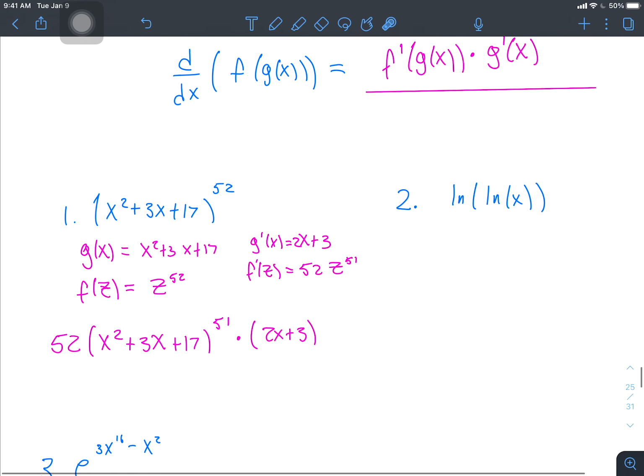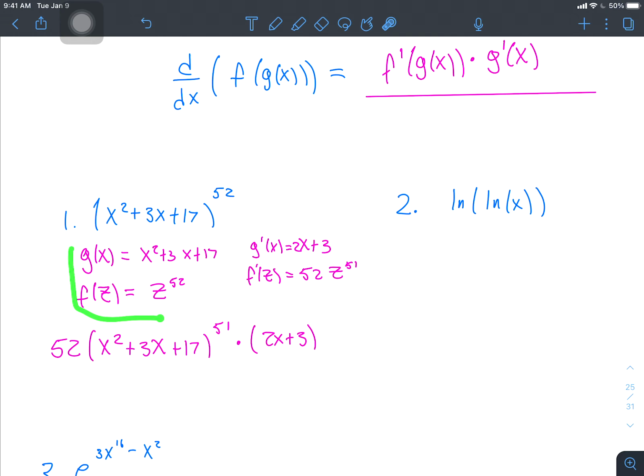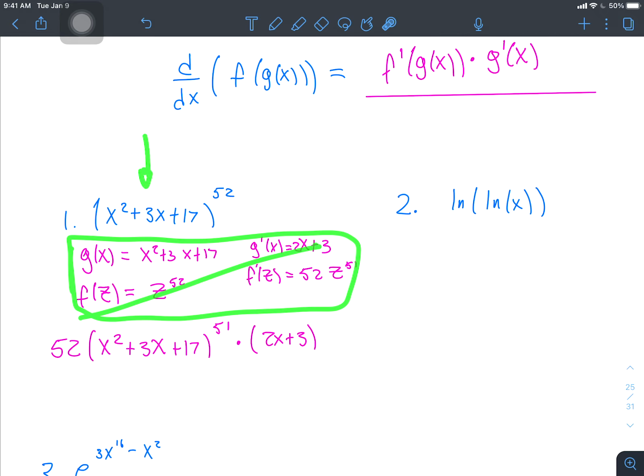So if I'm going to do a chain rule like this, I probably wouldn't write out all of this jazz. Probably what I would do is just recognize that this is a composition of functions, and I can see that the inside function is this x squared plus 3x plus 17. And I know the first part of the chain rule is always just to leave the inside alone and just focus on doing the derivative of the outer function, right? The outer function is just this 52nd power.